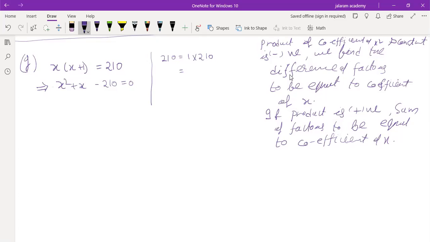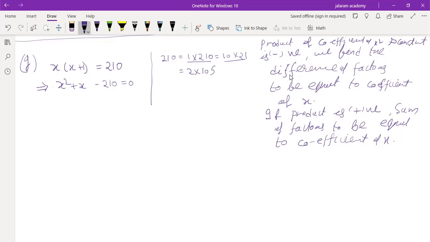So the first factor pair is 1 into 210, and its difference is 1 or not. No, sir. Not. Next, 10 into 21. Still the difference is not 1. So what will be the next factor? 2 into what? After 1 is 2. If you will not pay attention in class, you will do like this. 2 into 105, sir.